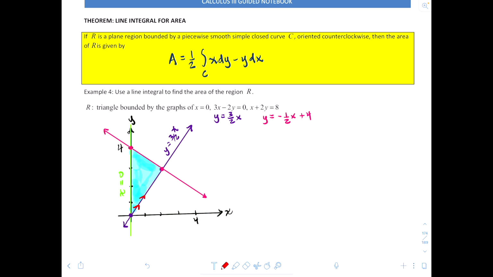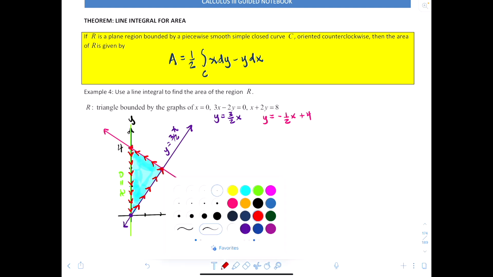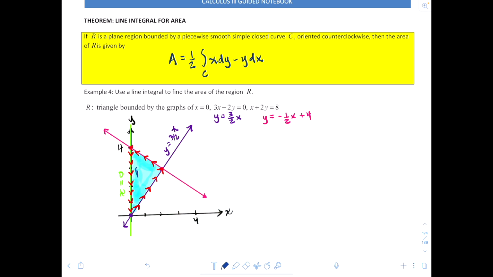In order for it to be counterclockwise, it has to go like this. Groovy? Okay, so there we go. There's our region R. We're good to go.